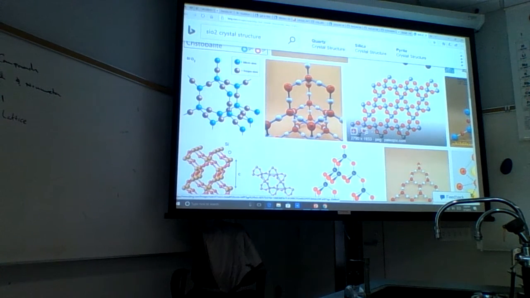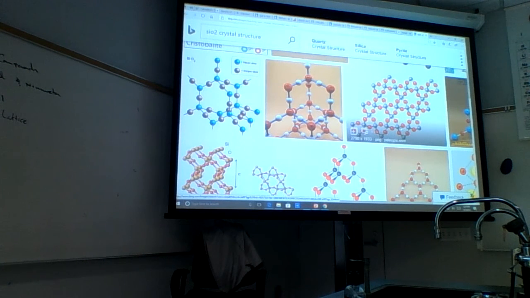In fact, if you try to melt quartz, you're going to have a really rough time. It's really hard to melt this stuff. So there are certain things that will clue us in that the structures are totally different. Molecules typically are soft and have very low boiling points. But if we just have a formula and I don't know whether it's molecular or lattice, it doesn't matter. We can name it as a molecular compound, even though it's not.